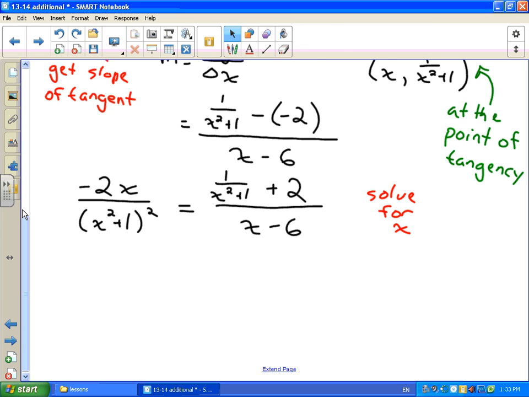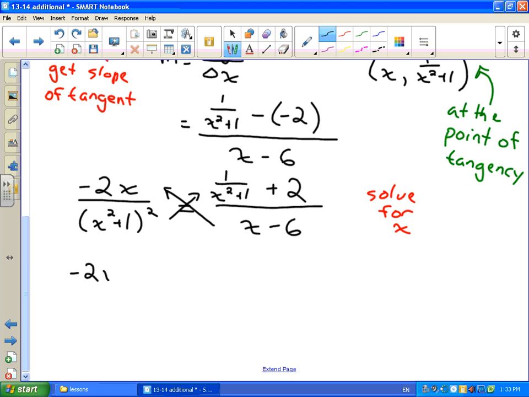So how can I solve this for x? Well, we can cross multiply. Over here, I'm going to have negative 2x times (x minus 6). And if I multiply by (1 over x squared plus 1, plus 2), for this first term, I can cancel out an x squared plus 1.